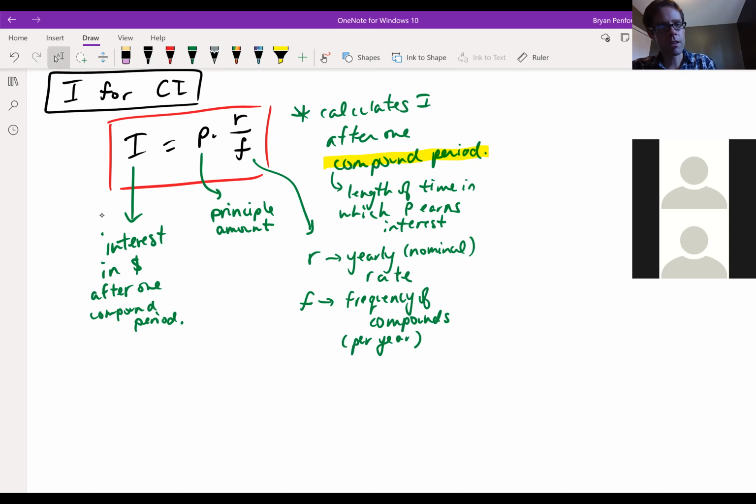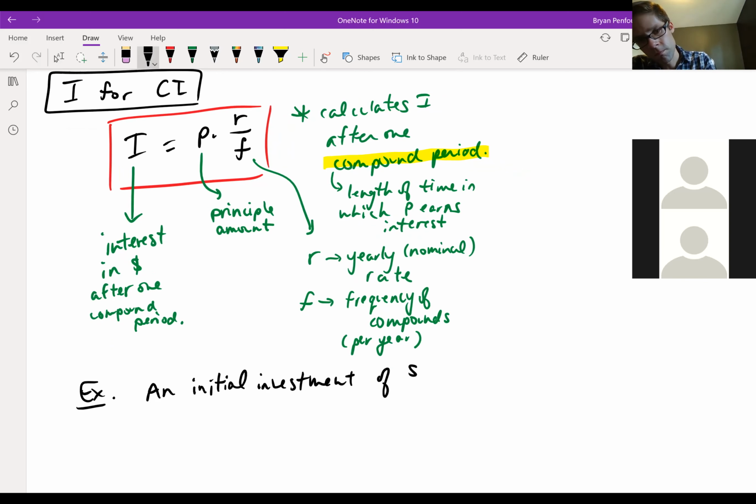So I think it's important for us to look at a couple examples of how this can be used to calculate interest. So let's say we have an initial investment of $500 that goes through, let's say, 2 years of earning interest.